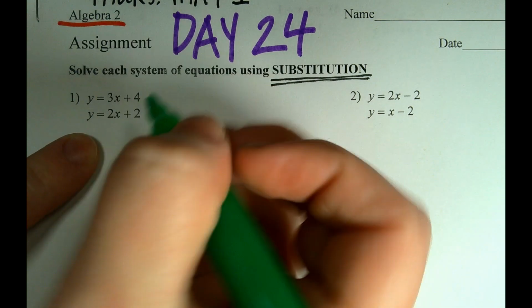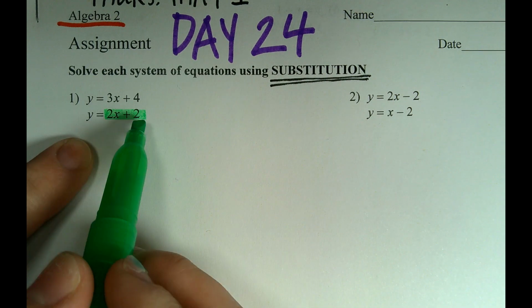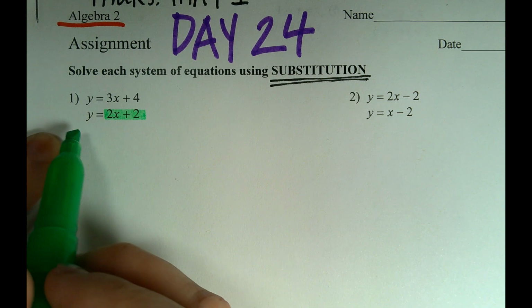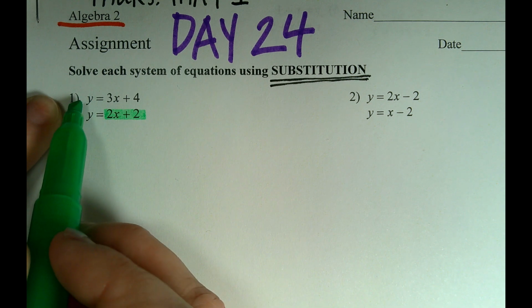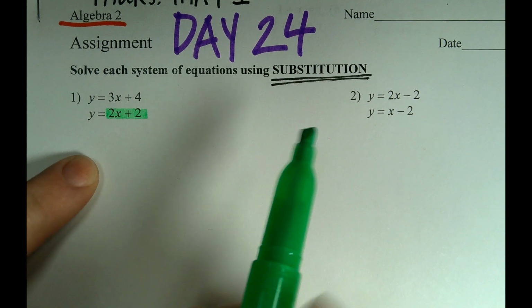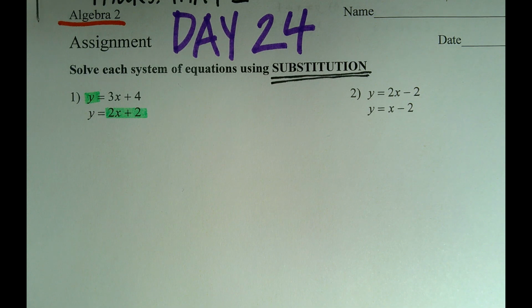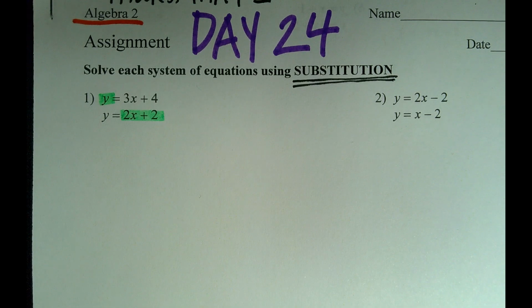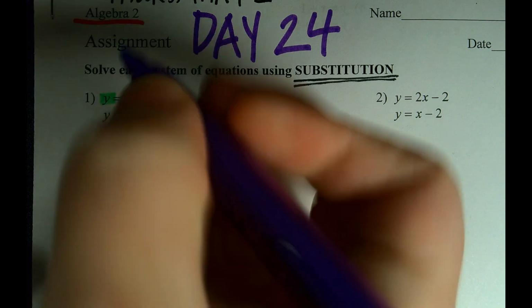Yes. Okay, so what we have here is a solved answer for y. I know that y is 2x plus 2. I also know that y is 3x plus 4. So really, I can switch these out for each other. I can substitute either way and get rid of the y.